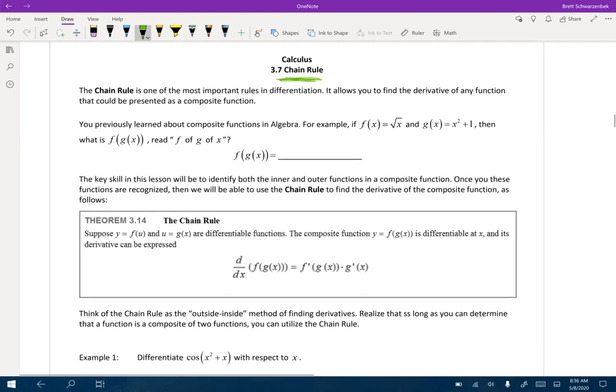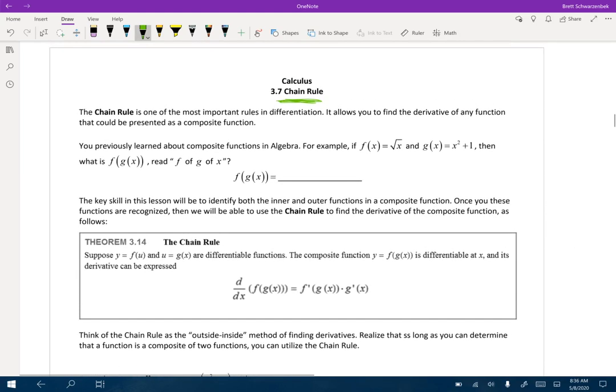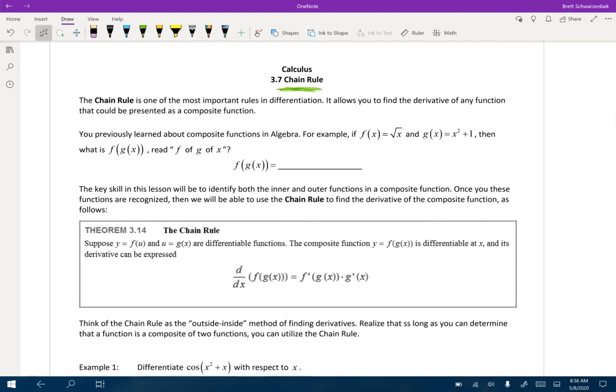Before we get into the actual chain rule itself, let's talk about something from algebra, a little bit of a review, called the concept of composite functions. Composite functions are famously known for basically being able to take one function and put it inside the other one.